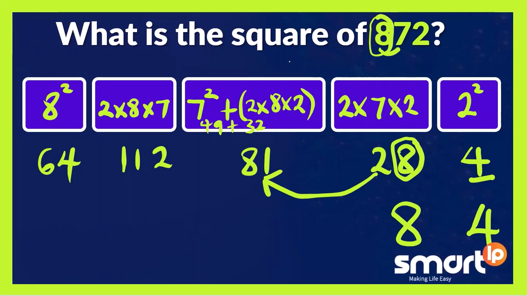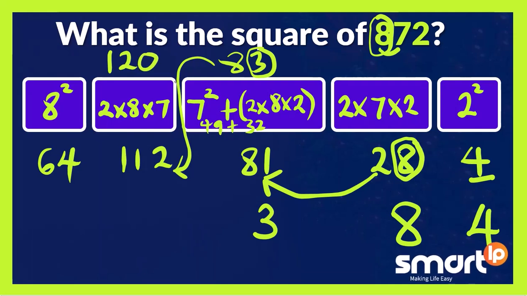We cannot write 83, so what we do is to write down the 3 here and transfer the 8. We add the 8 to the 112. So 112 plus 8, that's going to give us 120. Okay, so we write the last digit, which is 0. Write 0 here, and then we take the 12 and add the 12 to 64.